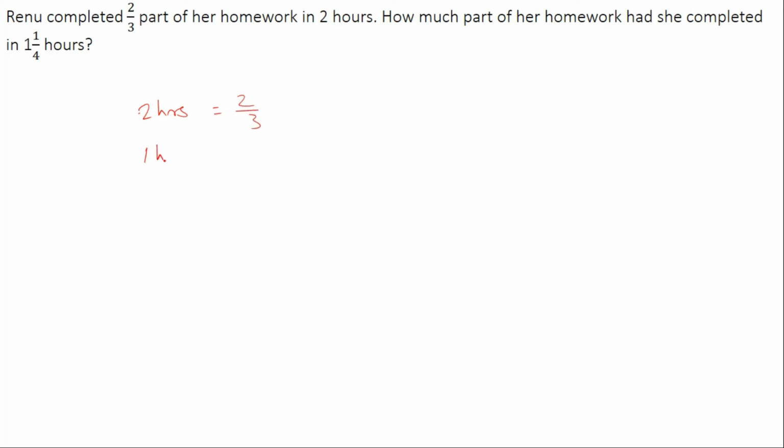So in 1 hour she will complete 2/3 divided by 2 part, or we can write it as 2/3 into 1/2 part. And in 1 whole 1/4, that means 5/4 hours, she will complete 2 into 5 by 3 into 2 into 4. So when you solve it, you will get the answer 5/12 part.